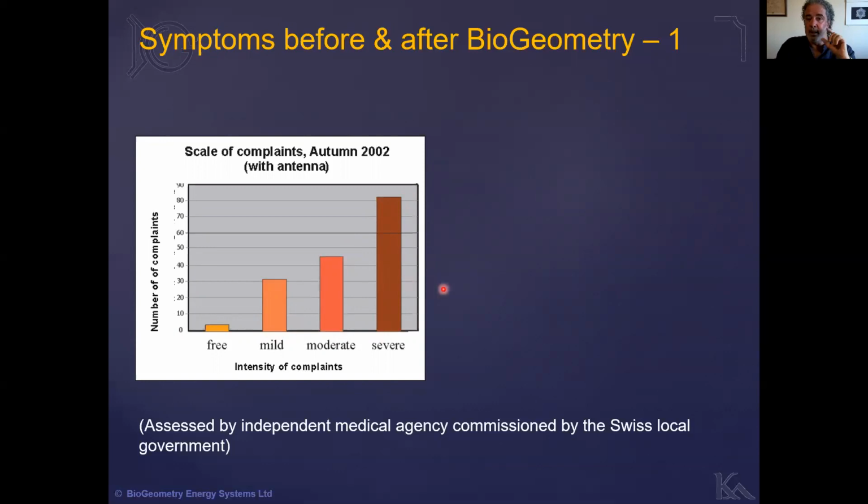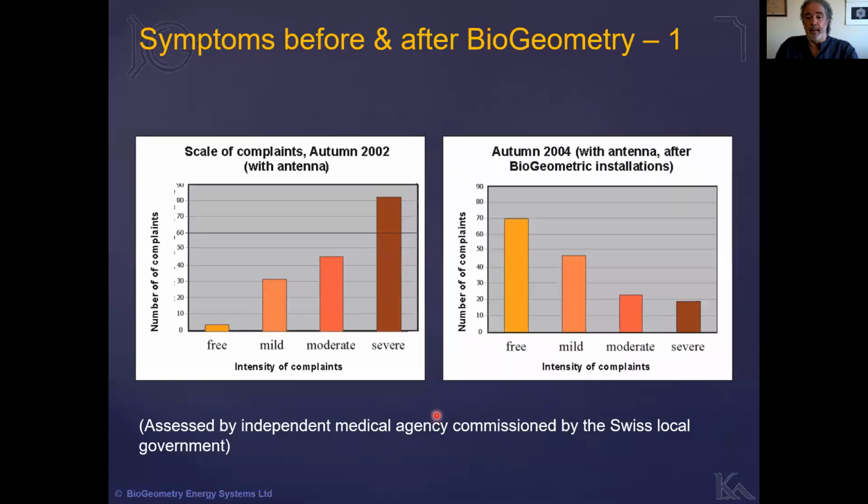Now, after the biogeometry intervention, these doctors assess the situation again to get a comparison. Watch the graph now. This is 2 years later, therefore, the antenna was still functioning, but by that time, biogeometry had been installed, and therefore, people could have experienced the benefit of biogeometry.